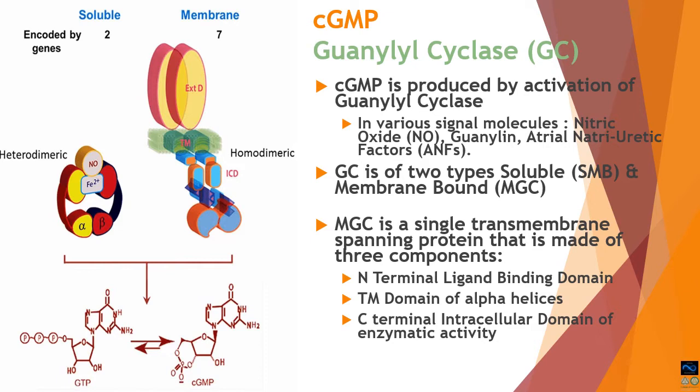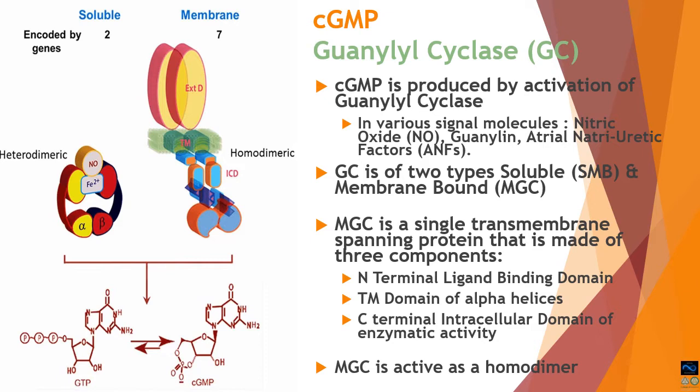The N-terminal part, which is located outside the cell in response to the environment, is called the ligand binding domain or exterior domain. Then there is a transmembrane domain, the TM domain, which is spanning the plasma membrane. The third one is the C-terminal intracellular domain, which relays the activity to the downstream proteins.